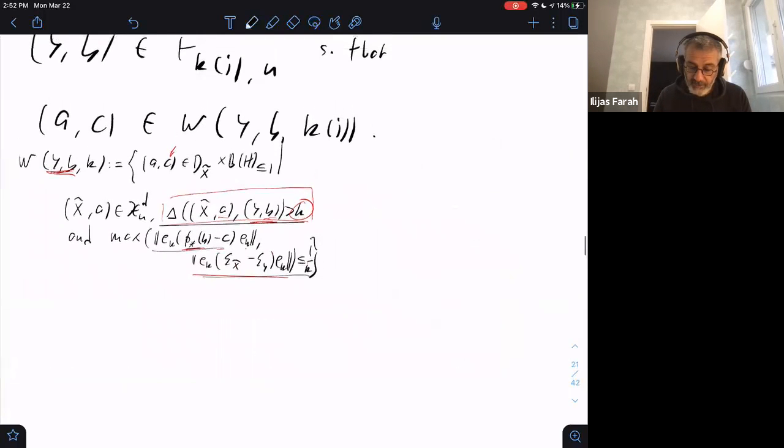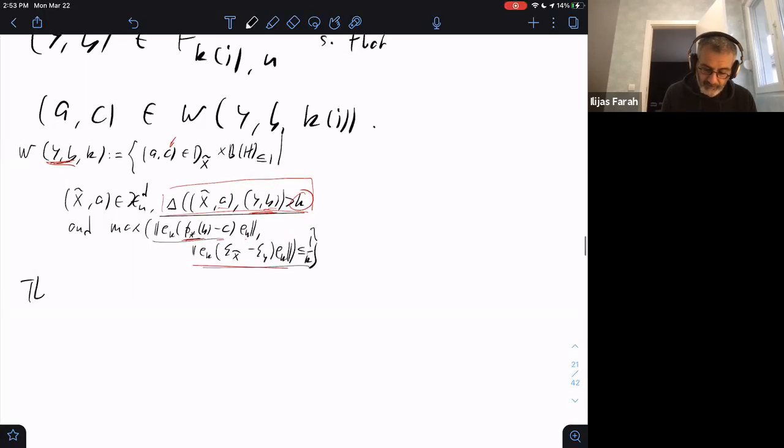Now, what do we have? Basically what this means is that Y approximates everything up to more than K. Now remember that we are not in a homogeneous set, it's just from the assumptions.